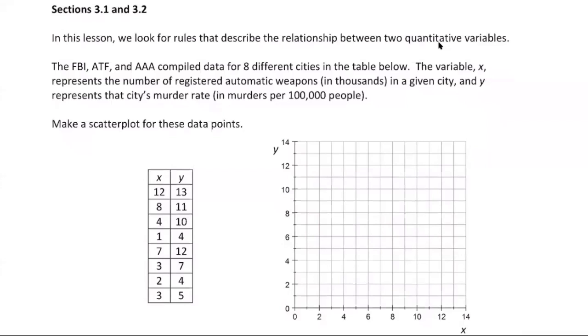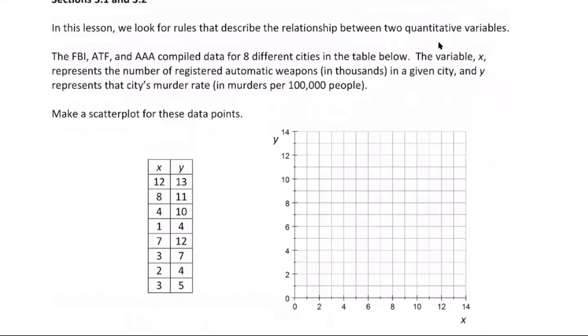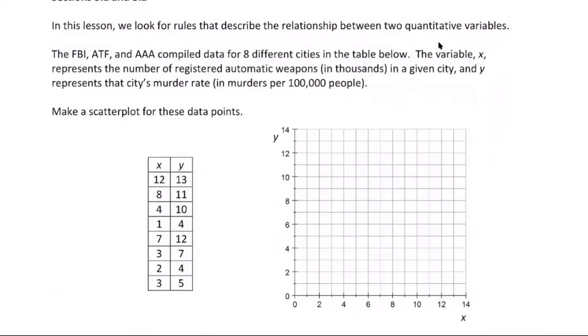So it's 8 cities, 2 statistics. One is the number of automatic weapons in the city registered, and the other variable is the murder rate. Again, the number of weapons is in thousands, the murder rate is in murders per 100,000 people.